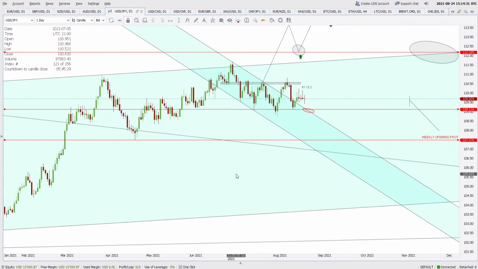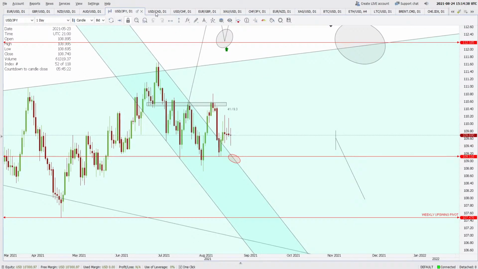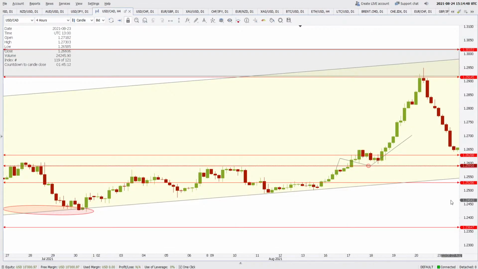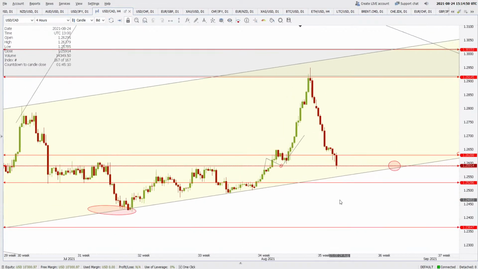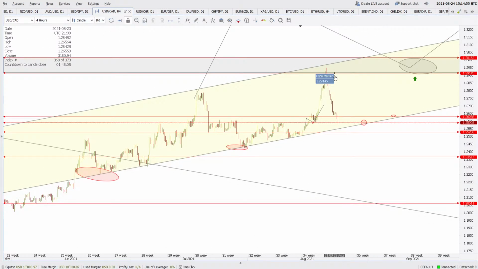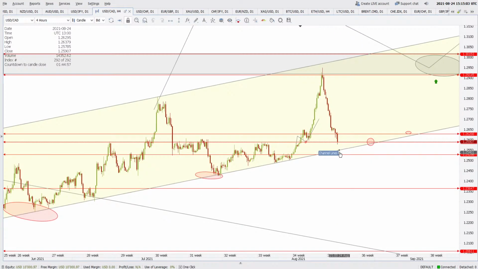Talking about the USDJPY, it is going nowhere. It is only giving us doji from the last 4 days, so just stay away from this market. USDCAD is going towards the support of the channel. At this support of the channel, if you find some bullishness here on the 4-hour even, then I think you can go long in this pair, because on this sell-off area here, fresh sellers may have jumped in, but I am still bullish on this market, and I am expecting that the price will get some support here in this area.